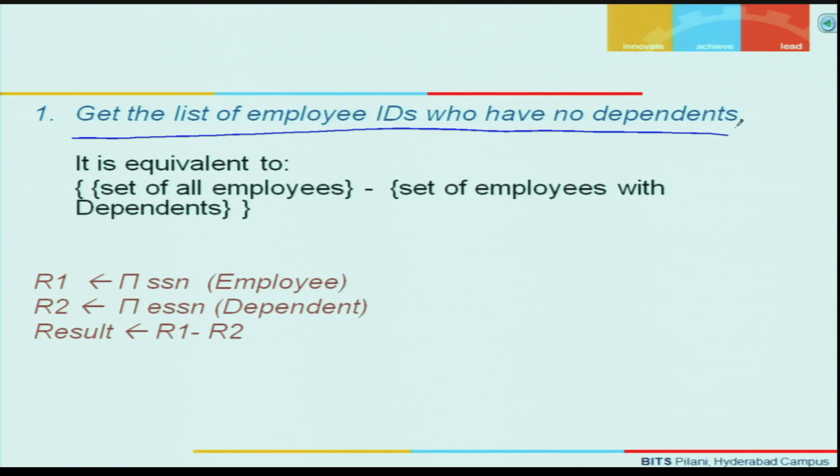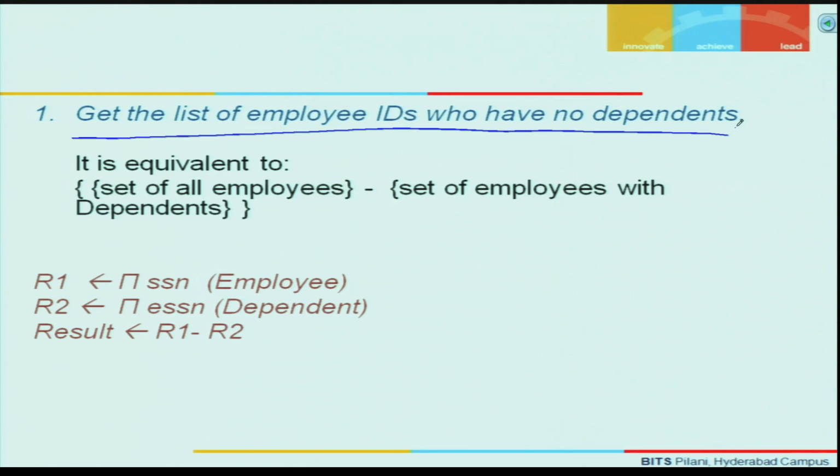When this kind of requirement is given, first we need to clearly understand the requirement, what need to be extracted from the database, and then we need to figure out what relations need to be accessed, and then decide upon the operations that need to be performed on these relations to extract the data from the database.